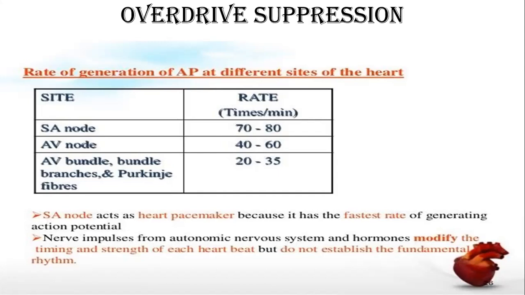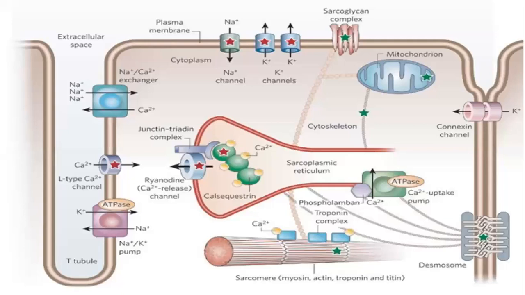This continued extrusion of sodium opposes the gradual depolarization of the pacemaker cells during phase 4, and it temporarily suppresses the cell's intrinsic automaticity. So this is about overdrive suppression. That is, the automaticity of pacemaker cells diminishes after these cells have been excited at a higher frequency. This phenomenon is known as overdrive suppression.